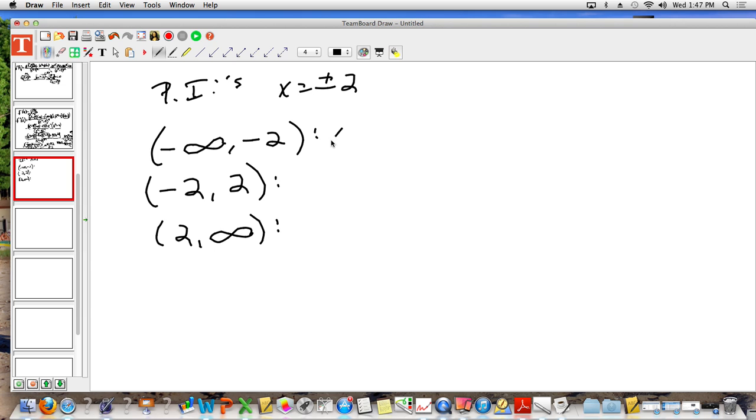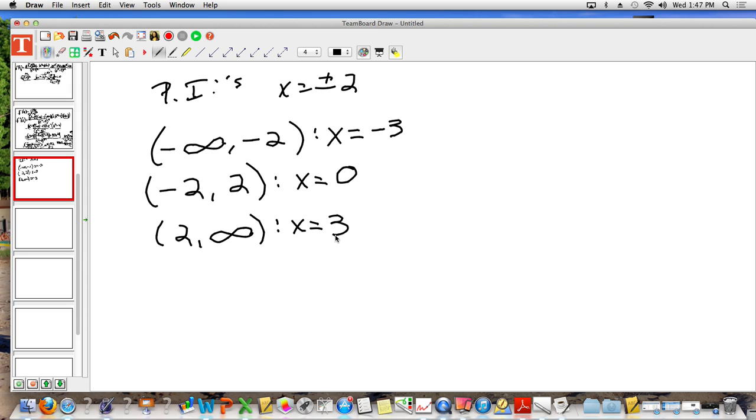So I need some x values. What x value falls from -infinity to -2? -3. What about from -2 to 2? Give me an x value that falls in that region. 0. And then what falls between 2 and infinity? Should be 3. So we have -3, 0, and 3.